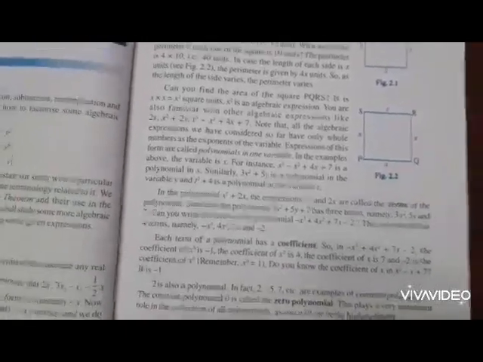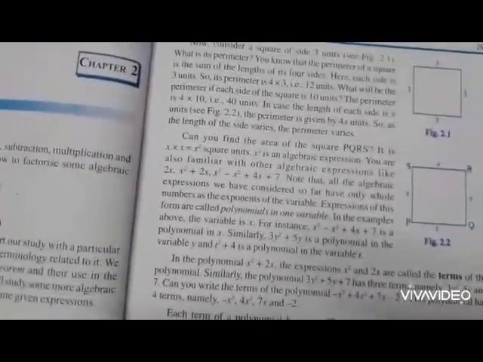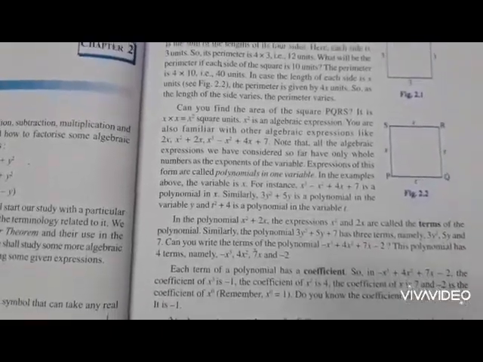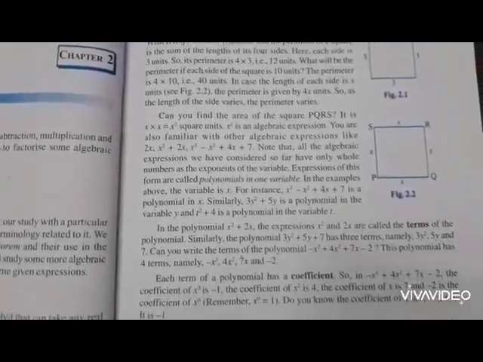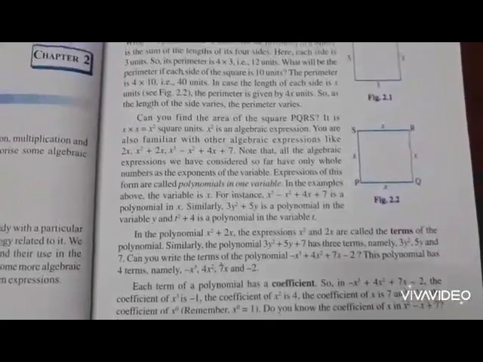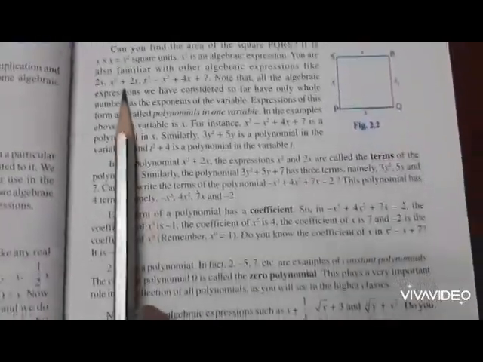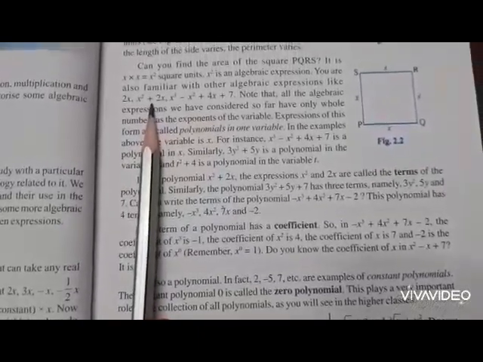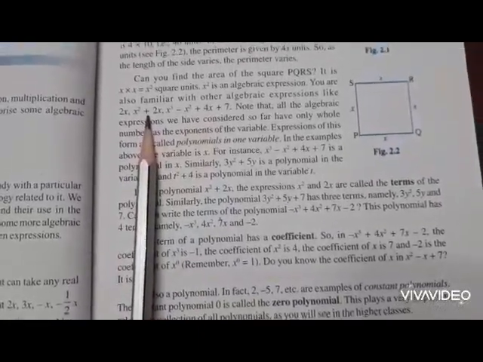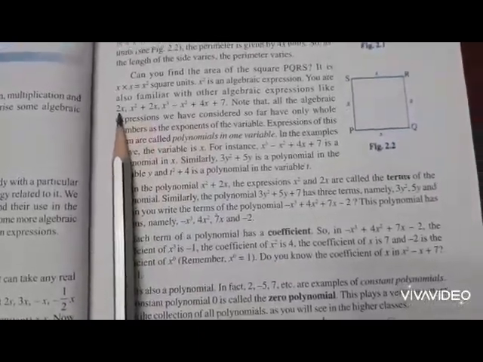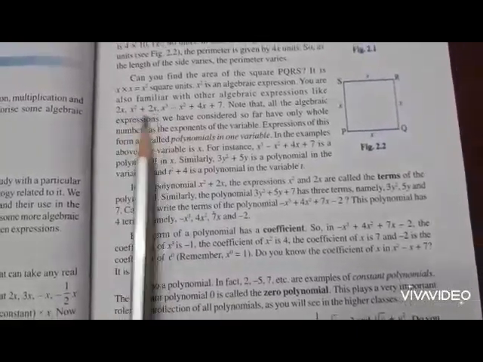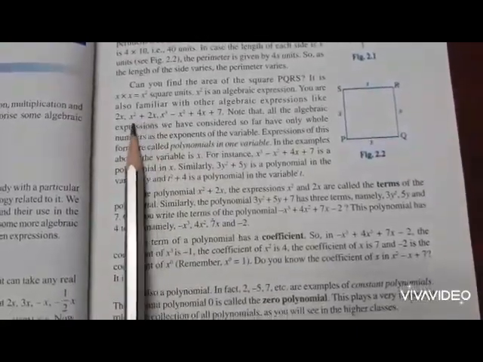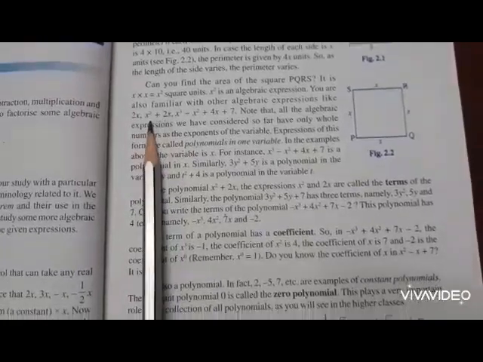That is called a monomial. Then what is a binomial? In a binomial, two terms will be there. For example, x square plus 2x is a binomial, whereas in a monomial only 2x is there. In a binomial, two terms, x square and 2x, are joined.